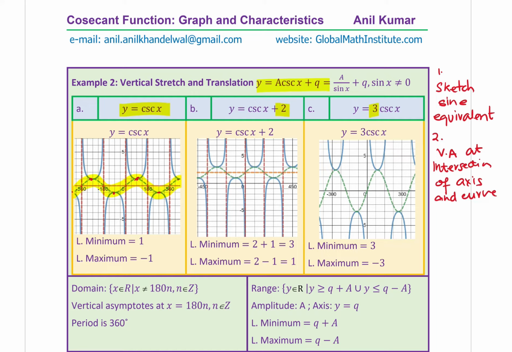So at all these points where the axis touches the sine curve, we'll draw the vertical asymptotes, correct? And then the third step will be we'll check for the turning points.